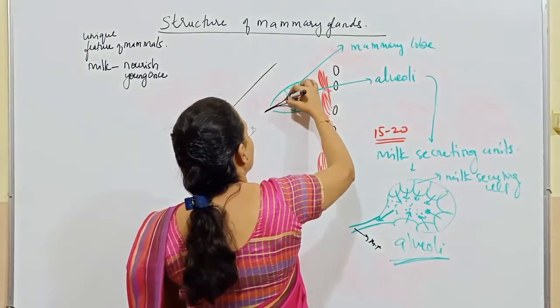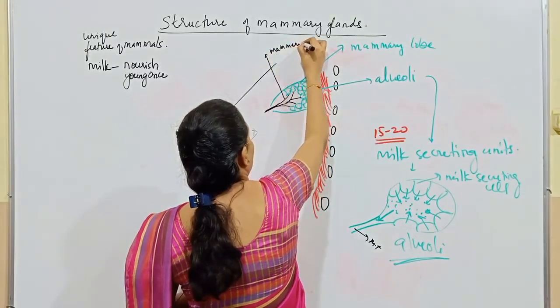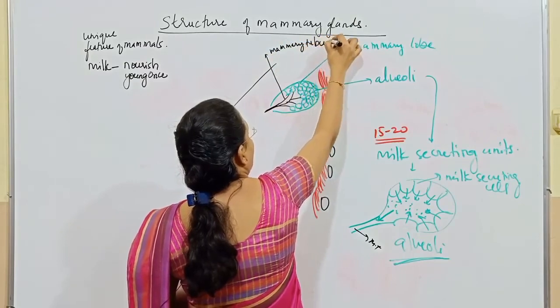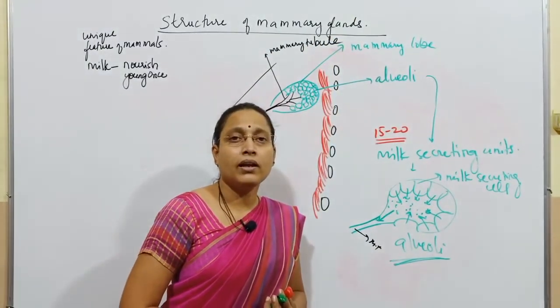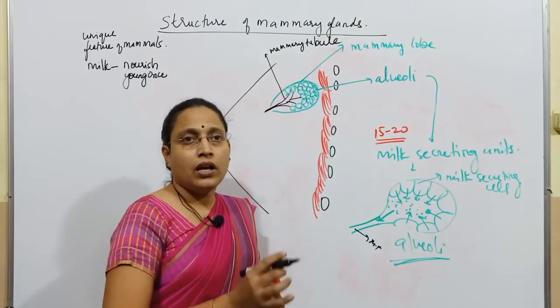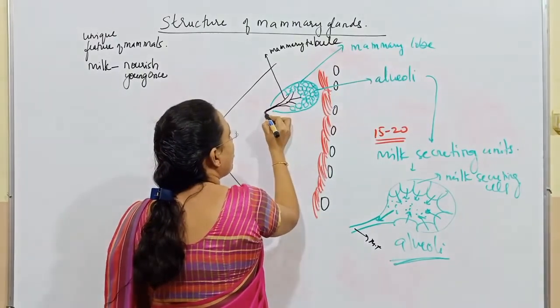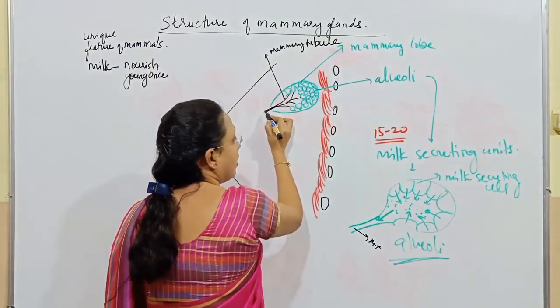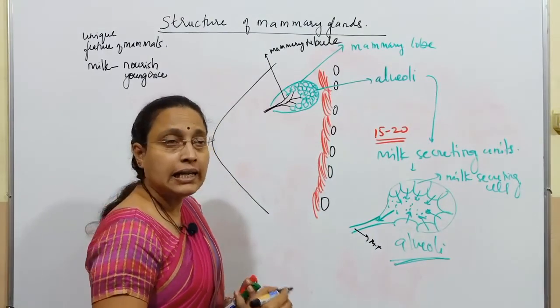The first tubule will be the mammary tubule. Now all the mammary tubules in a single lobe will join and form a bigger tubule. This one is called the mammary duct.